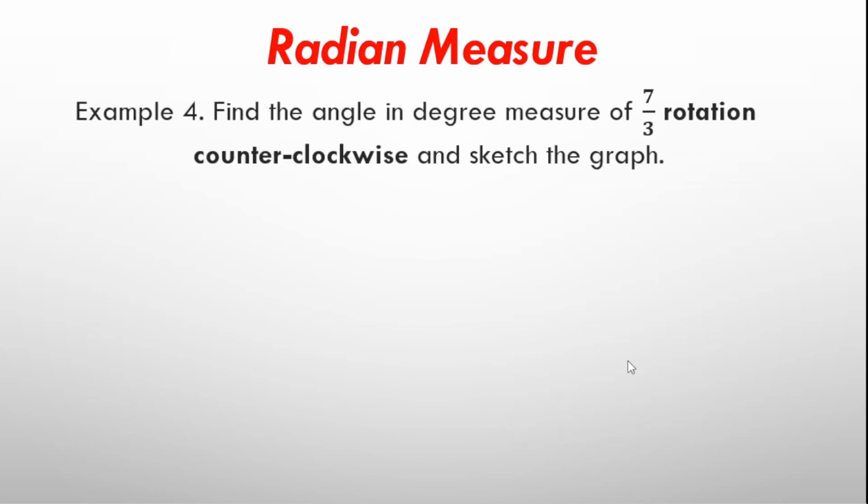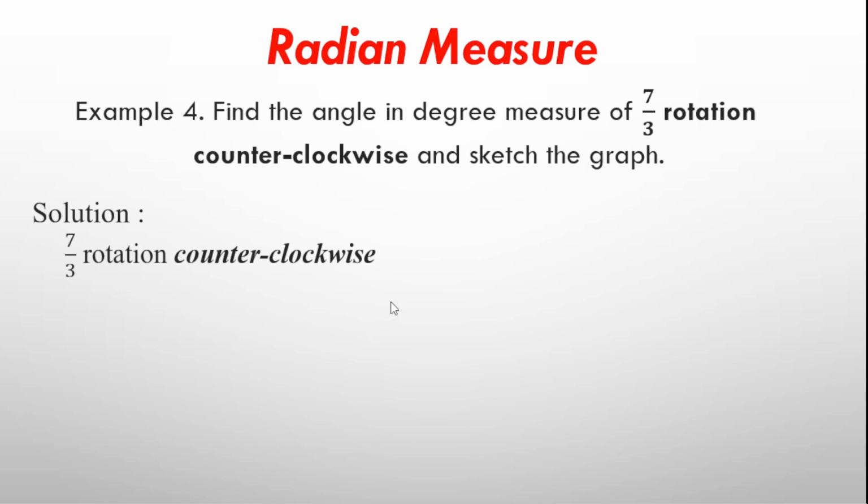Example number 4. Find the angle in degree measure of 7/3 rotation counterclockwise and sketch the graph. So 7/3 rotation counterclockwise. When you say counterclockwise, that is positive 2 pi. So multiplying now 7/3 by 2 pi radian, we have 7 times 2 pi divided by 3 radian is equal to 14 pi over 3 radian.